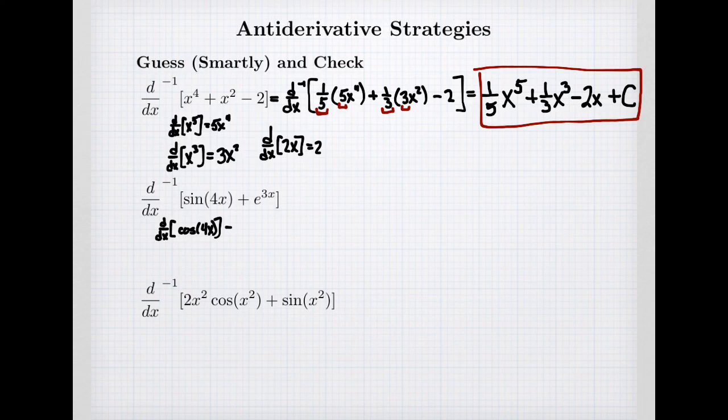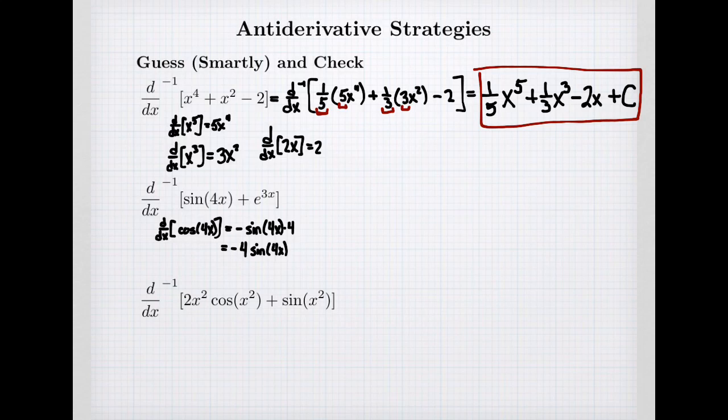Well, the derivative of cosine is negative sine. So I get negative sine of 4x, and I have a chain rule. I need to multiply it by 4. And so the derivative I would have expected to see was negative 4 times the sine of 4x.